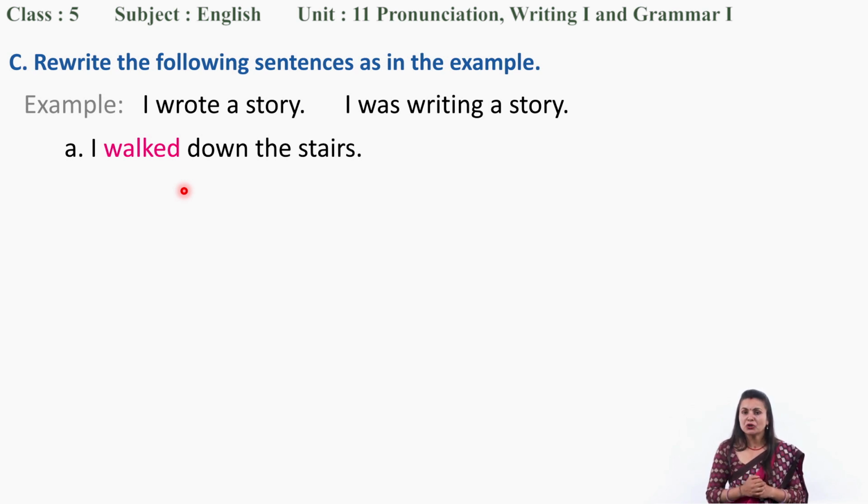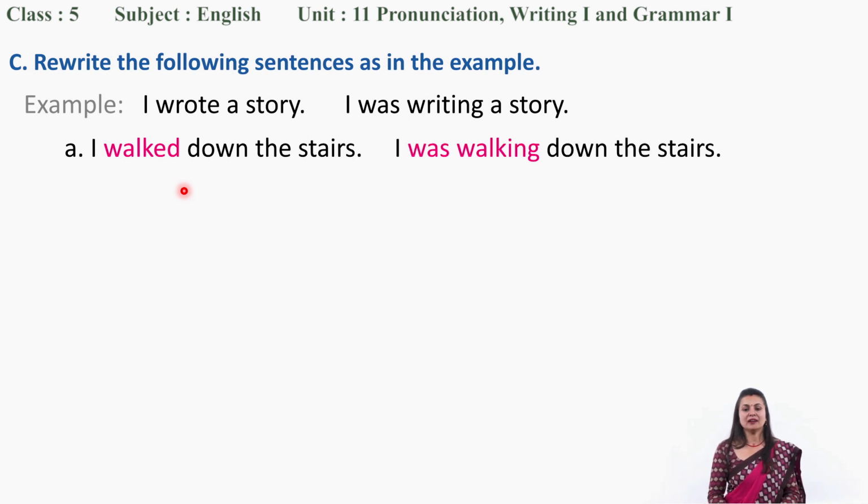After that you have to use what? Was or were. So with I, what do you put there? Was. Very good. I was and walked, how do you write it? Yes, of course, verb ing. Walking. Very nice. I was walking down the stairs. Yeah, very nice. Very good. I was walking down the stairs.